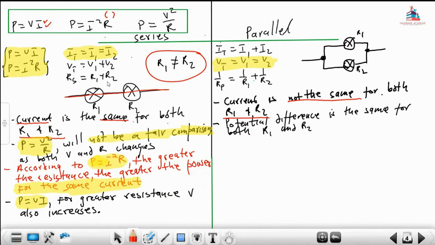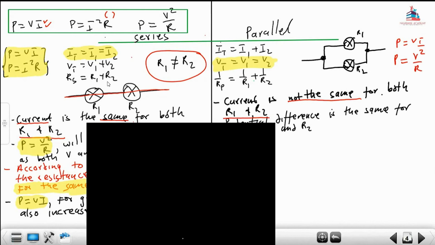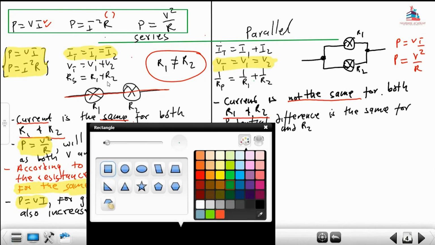So the equation P is equals to I squared R will not work because the I will be changing and also the R will be changing. So the only applicable equations here should be P is equals to VI and P is equals to V squared over R.